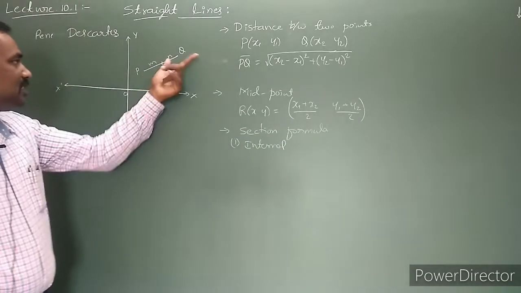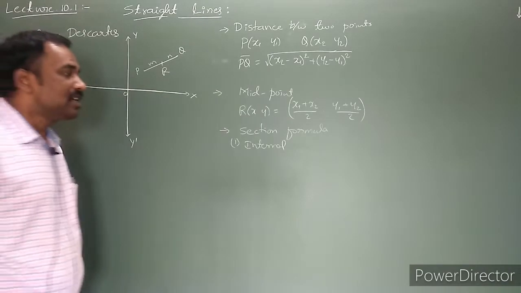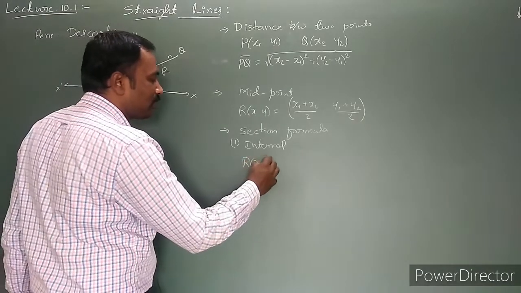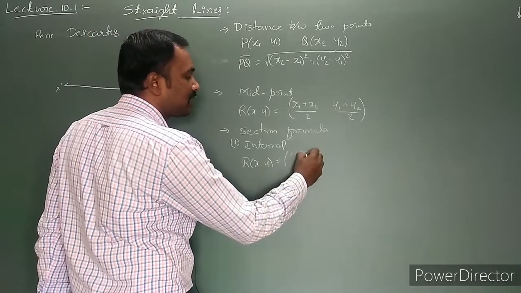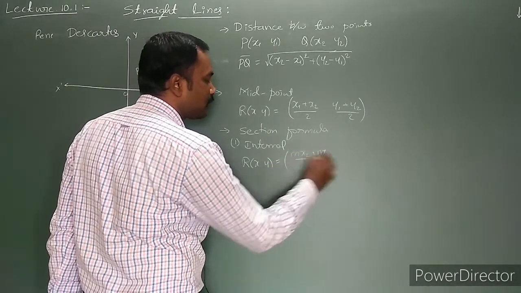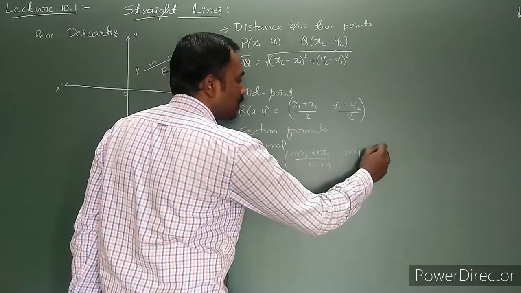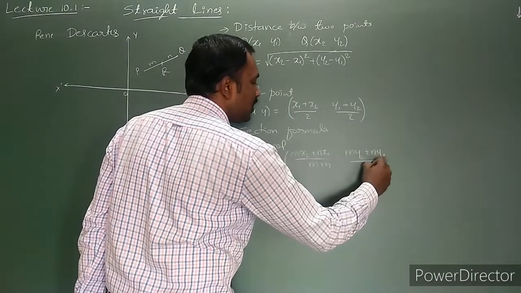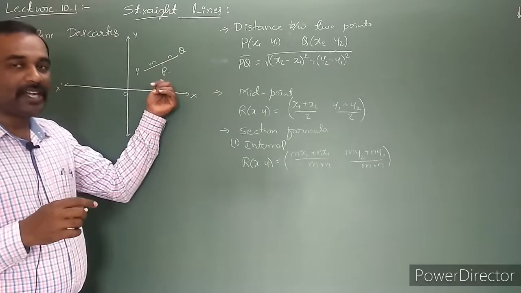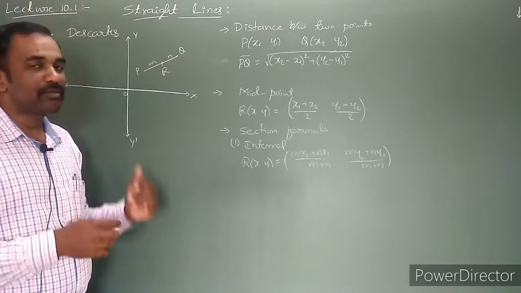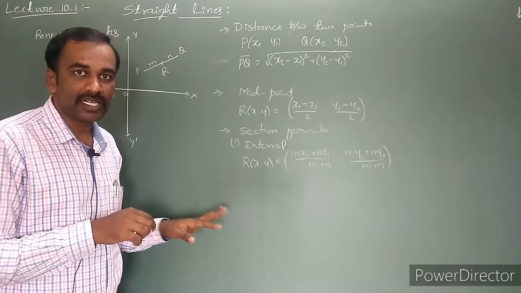If the point R divides this line segment PQ internally in the ratio m is to n, then the coordinates of R are (mx2 plus nx1) divided by m plus n, and similarly (my2 plus ny1) divided by m plus n. This is the section formula when the point R divides the line segment PQ internally in the ratio m is to n. Is that clear?